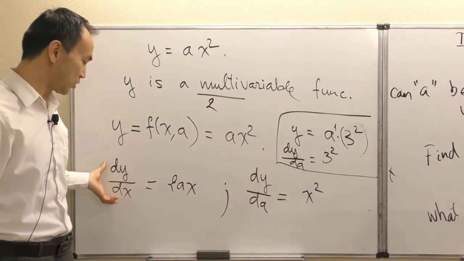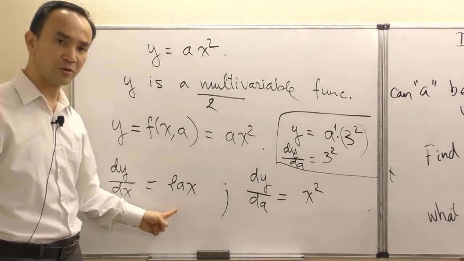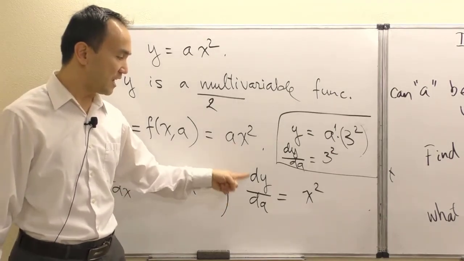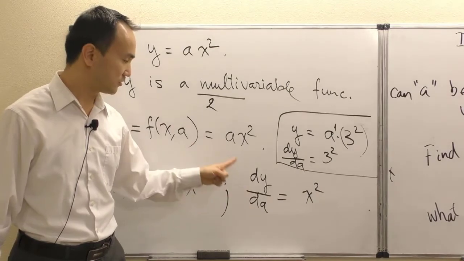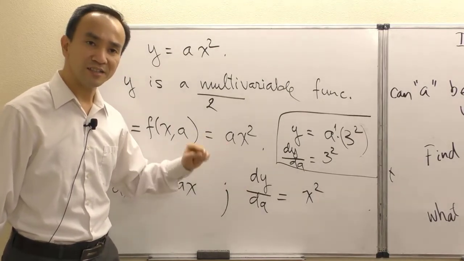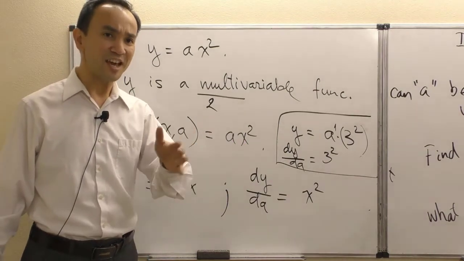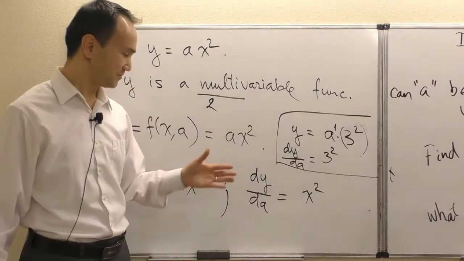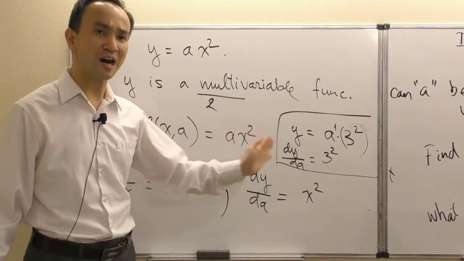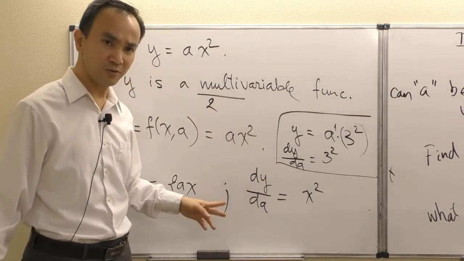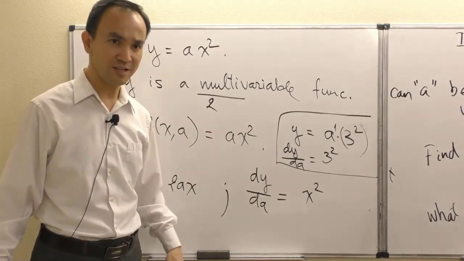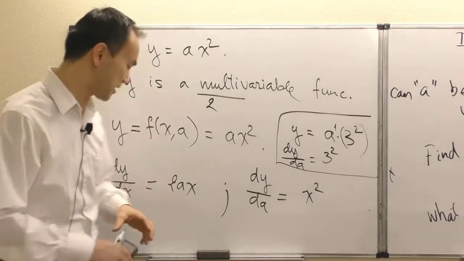So here I got dy/dx to produce this, and here I have a dy/dA corresponding to that a as the variable. All right, and so now I started to say it. This function here, we got two different kinds, and because we got two variables, we got two different kinds of derivatives right here.